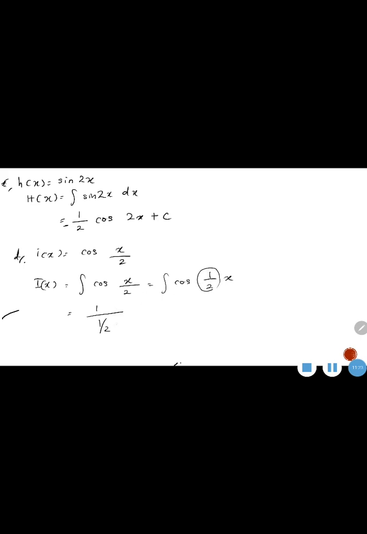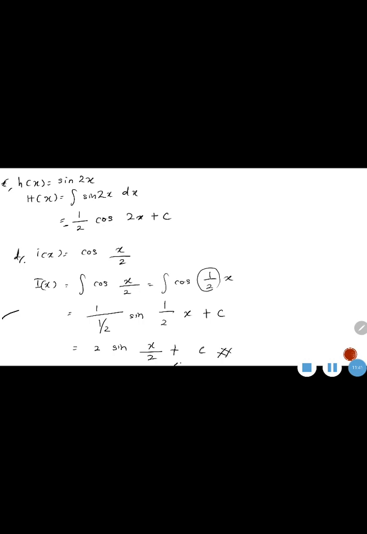So you get 1 over half sine half x plus c, which can be rewritten like this: 2 sine x over 2 plus c.